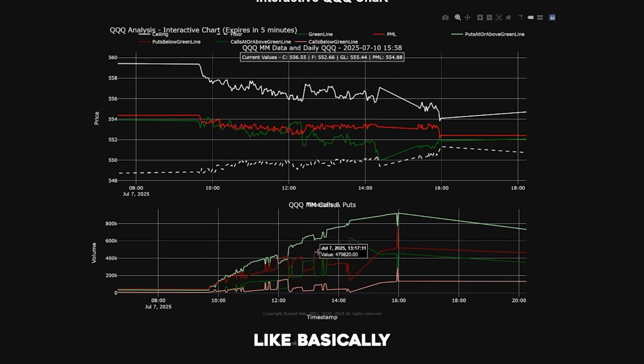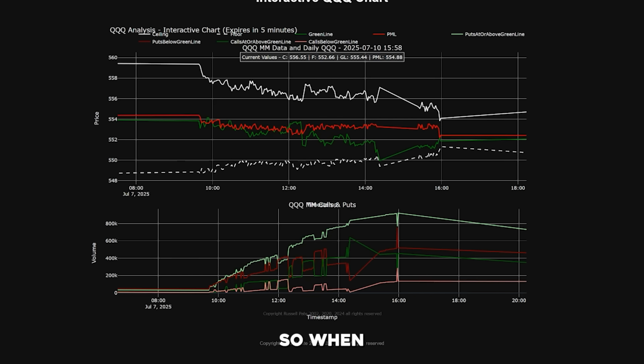Basically, it's a pattern where the red line gets above the lime green line, and that means it is a bullish divergence. Simple. And again, it's the opposite. If the puts above is greater than the puts below, you can see it's written right here: puts below the green line, puts at or above the green line.